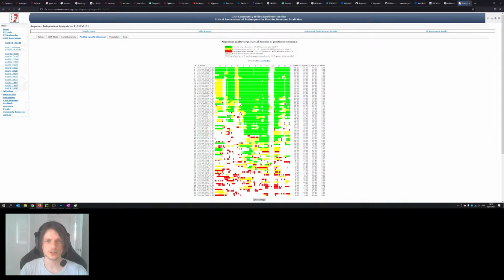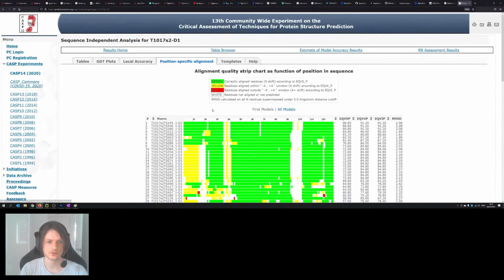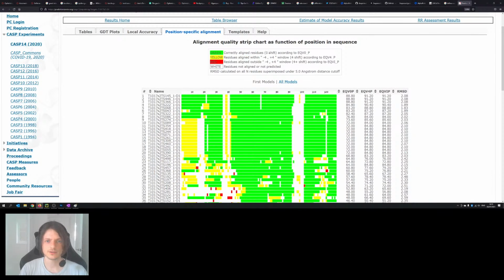Alignment quality strip chart as function of position in sequence. Correctly aligned residues according to EQ. Residues aligned with -4, +4, window force shift according to EQv4p. Residue aligned within -4 to 4, window force shift according to this.